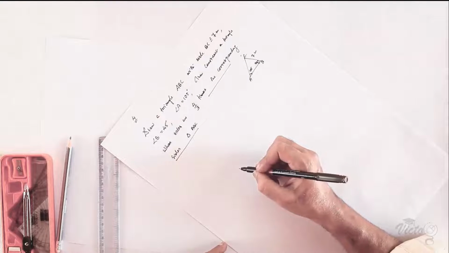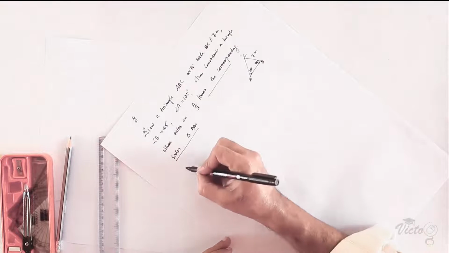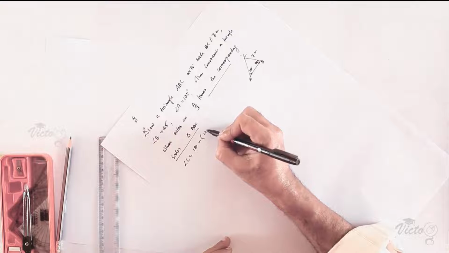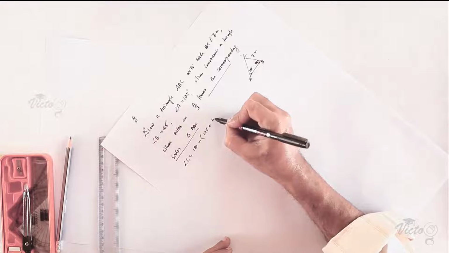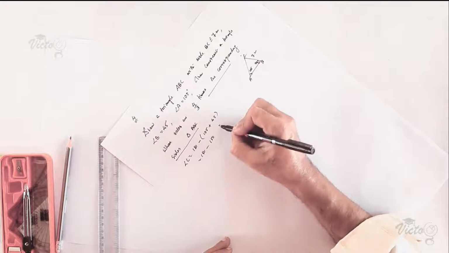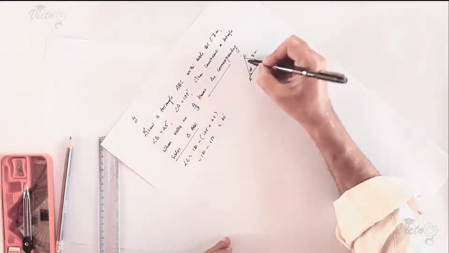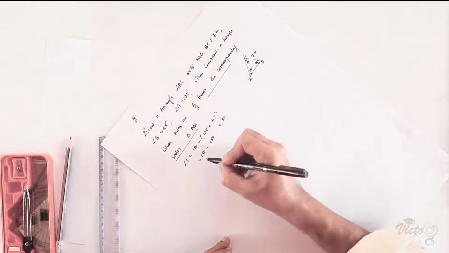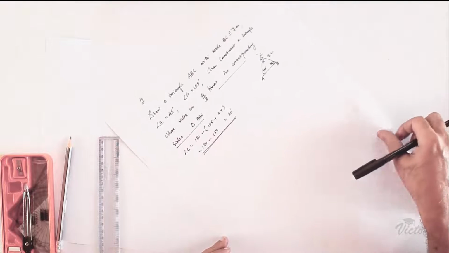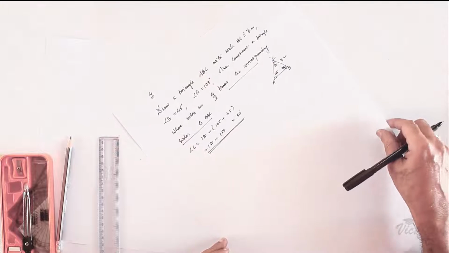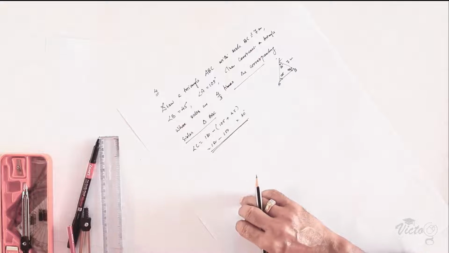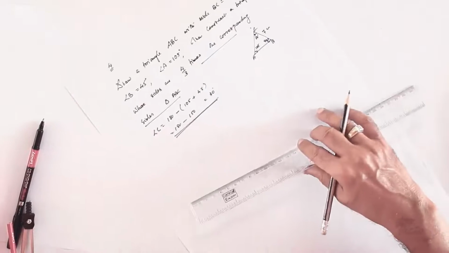Since two angles are given, we can find the third angle C. Angle C is equal to 180 minus of 105 plus 45 degree, 180 minus 150, which is equal to 30 degree. First of all, we are finding the third angle of triangle ABC, that is angle C is equal to 30 degree. Now draw BC of length 7 centimeter.